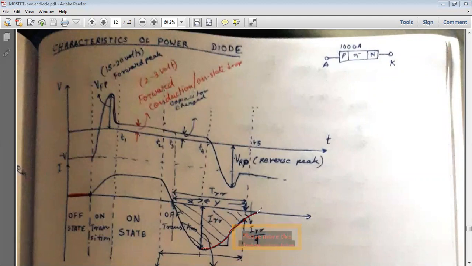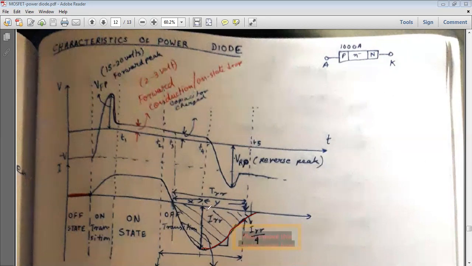Slowly, all minority charge carriers are coming back to their original position. Now the variable resistance is coming into the picture, which was there initially in the case of the power diode. Here the resistance is now increasing from the minimum to the maximum point and comes to the peak value, that is the reverse peak.